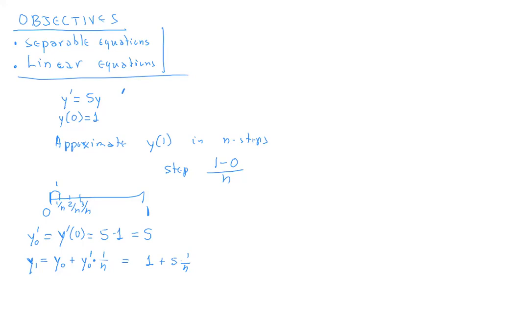And then y1 prime will be 5y1, which is 5 times 1 plus 5 over n, right?